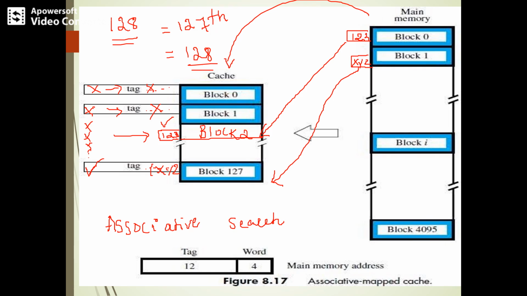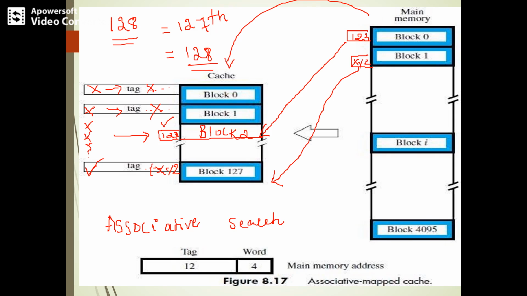If the respective tag bits are available in the last block, we have to check all the previous blocks' tag bits, comparing all of them with respect to the cache. So this is the major drawback of associative mapping.